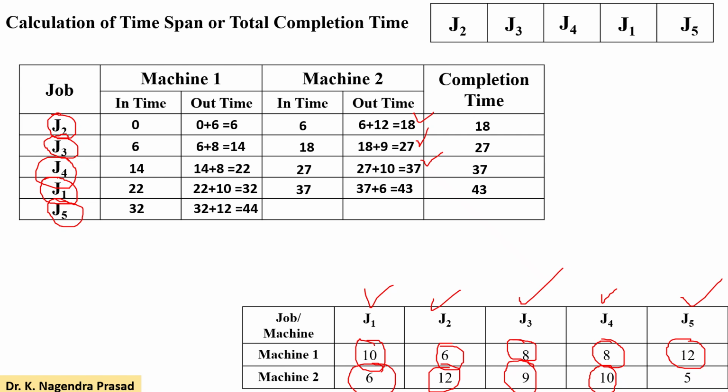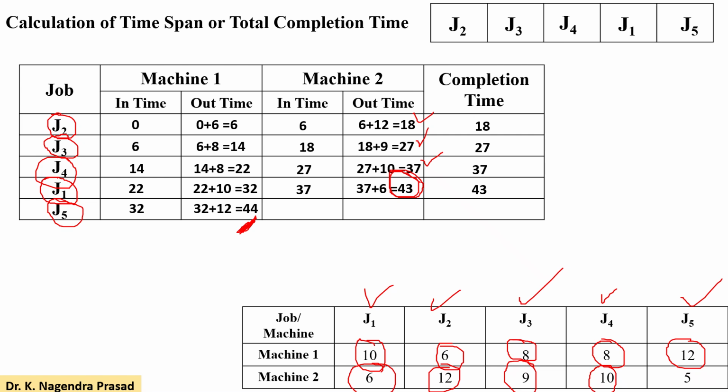So here after the 44 hours, the job has to move to machine 2. Here up to 43 hours only, machine 2 is engaged with the previous job, but up to 44 hours, job J5 is engaged with machine 1.